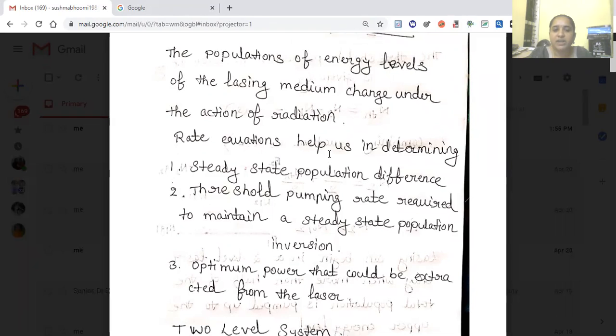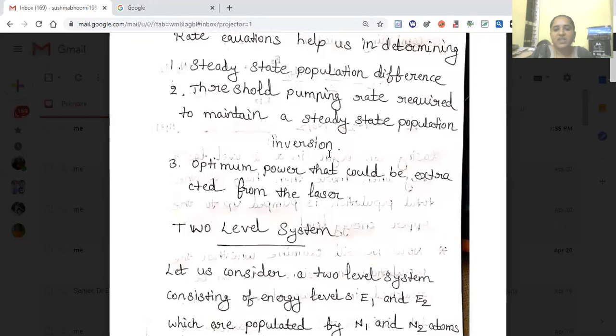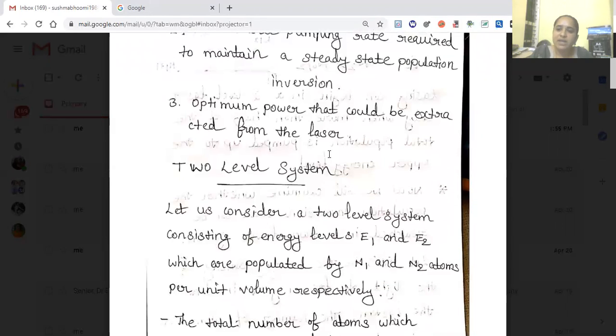So to attain this, we need the threshold pumping rate required to maintain the steady state population inversion. It helps us to attain the steady state population inversion and then the optimum power that could be extracted from the laser. So first we'll study the two-level laser system.